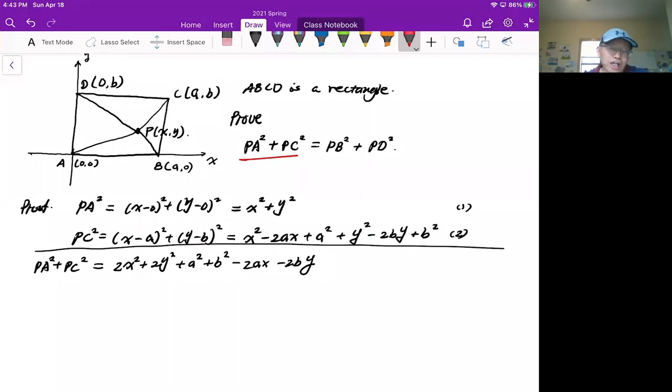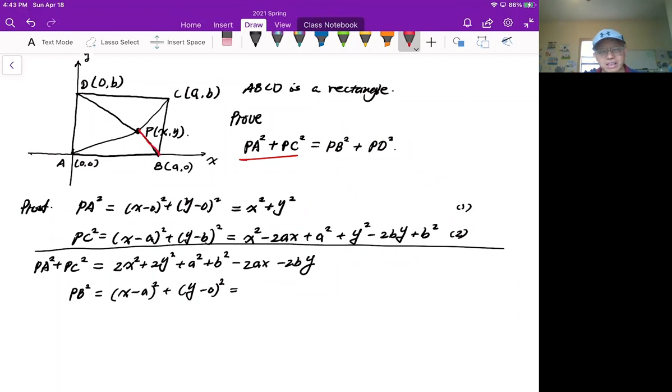Now, just check the right hand side. I get the PB squared. What's the PB squared? PB squared just means x minus a, take a square, and y minus 0, take a square. So I'm doing this one here, PB, right?